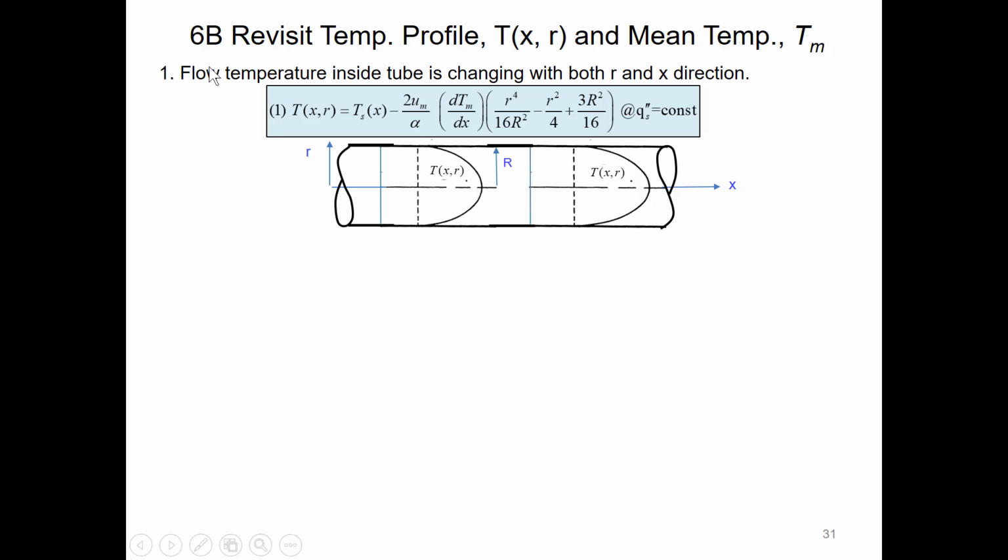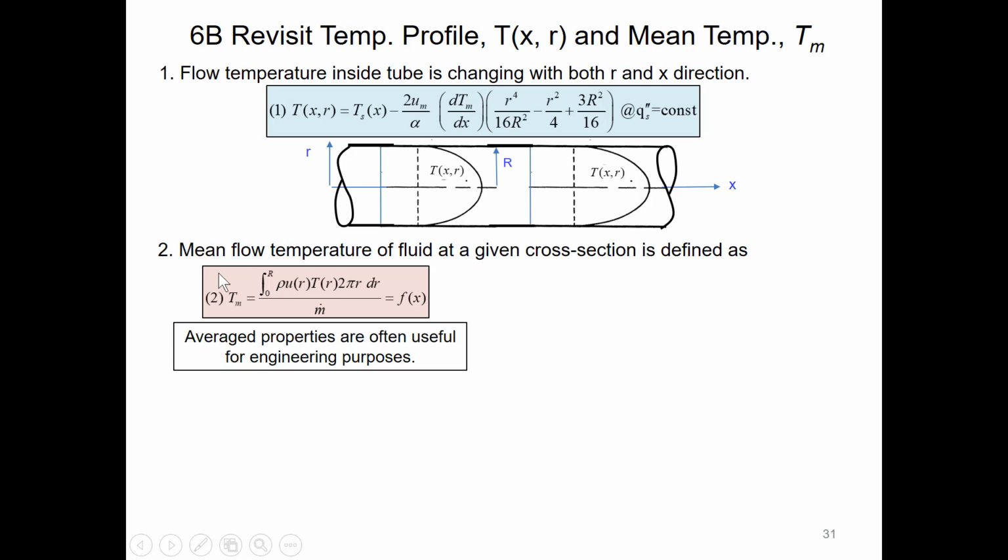B. Let's revisit temperature profile and mean flow temperature. First, as presented in equation 1 and the plot, the flow temperature inside the tube is changing in both R direction and flow X direction.